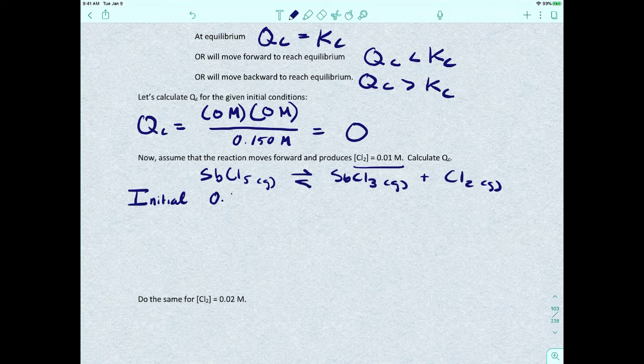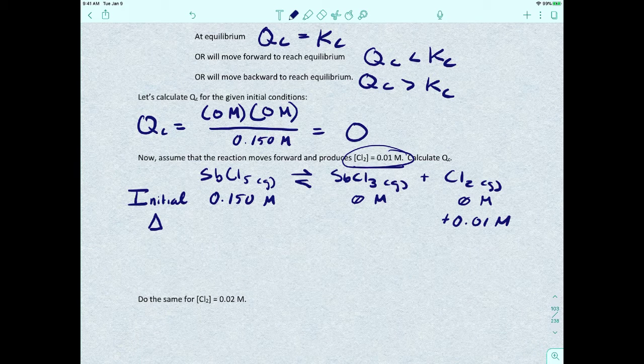Initially I have 0.150 molar of SbCl5, and 0 molar of SbCl3 and 0 molar of Cl2. The concentration of Cl2 is going to go up by 0.01 molar, so let's make another row for delta, the change. We know that Cl2 has to go up by 0.01 molar.